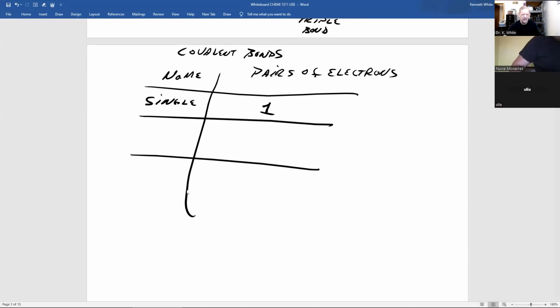And then the next one is a double bond, and that has two pair of electrons. And finally, the last type of covalent bond is a triple bond, and that has three pair of electrons.